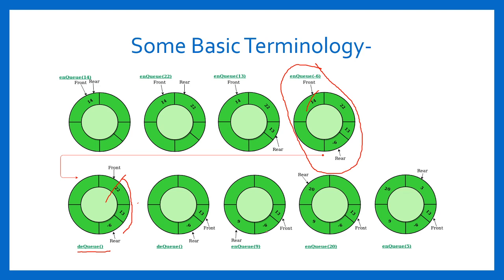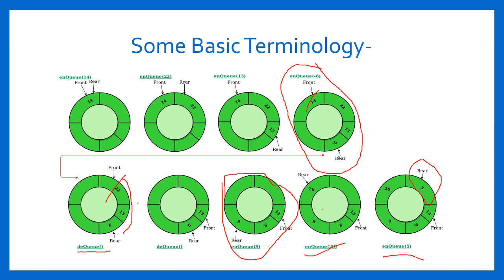Now we enqueue another element, which means the rear moves here. Now we enqueue another element, so 20 is again enqueued. This becomes the condition. Now we enqueue another element, 5, over here.